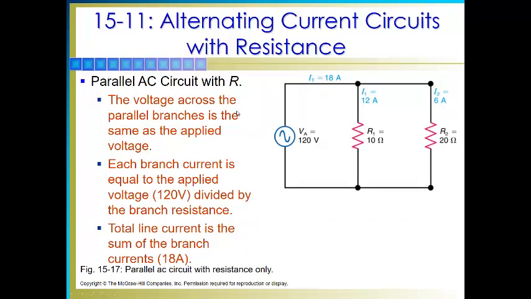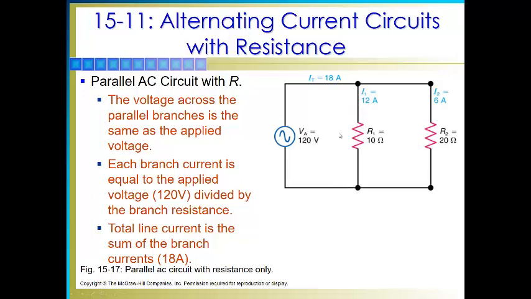The same happens if you have parallel circuits with resistors only. If you have 120 volts, you remember that when you're dealing with parallel circuits, the voltage across all the branches is the same. So these 120 volts are expressed right here on this branch and this branch.